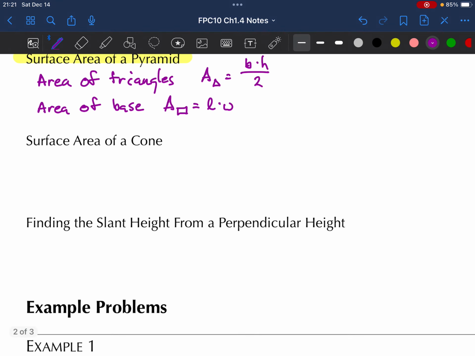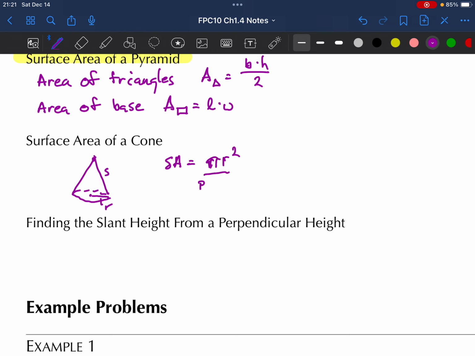For the surface area of a cone, a cone looks kind of like this. There's the slant height, there's the radius. So our surface area is equal to pi r squared.